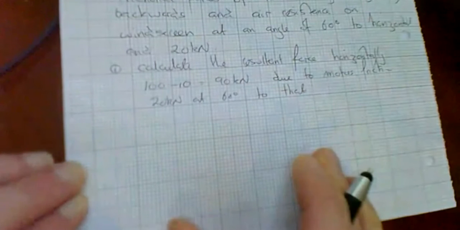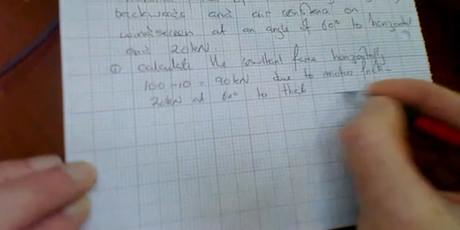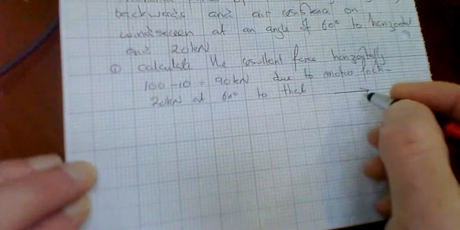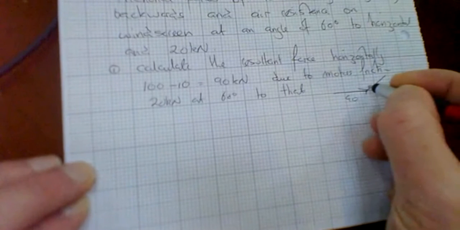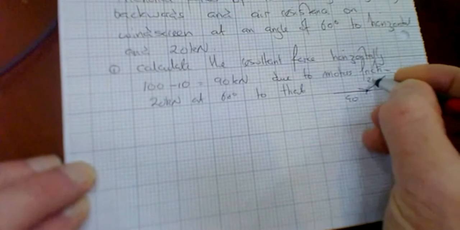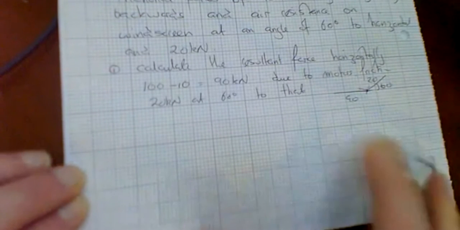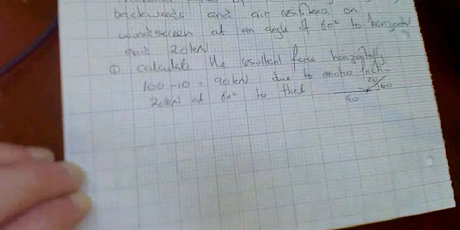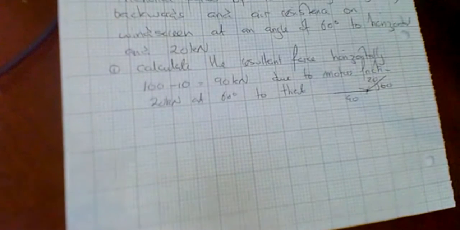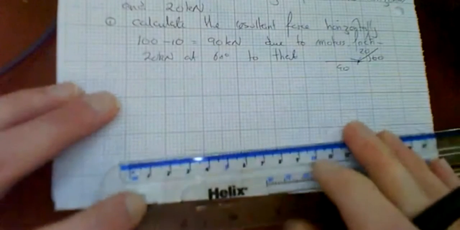So if you just sketch that out, you've got a force like this of 90 kilonewtons and a force like this of 20 kilonewtons, and that's 60 degrees. That's kind of the way I'm thinking, but now I have to draw it properly. So I'm going to say 9 centimeters, so 1 centimeter to 10 kilonewtons. So let's do that.